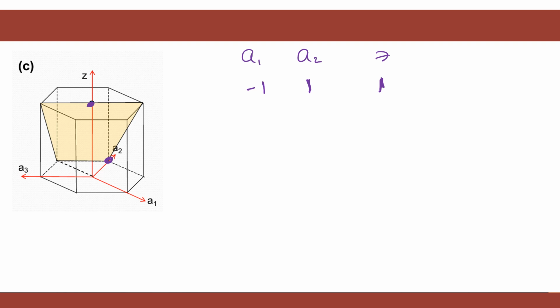So when you take the reciprocal, you still get negative 1, negative 1 and 1. So your third number will be 0. Am I right? So that will be negative 1, 1, 0 and 1. Are we good? Any question?